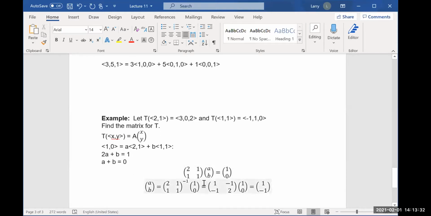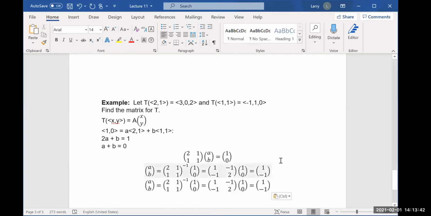Do you see that? So I can literally copy and paste this whole thing. I probably don't want to call it A and B anymore. I'm going to call it C and D now, because they're different. And make that (0, 1).